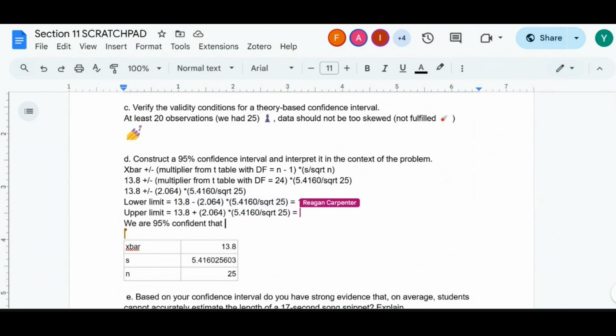That's the lower limit, and that one's the upper limit. Good. So can you interpret the CI? Then we'll answer E and then we're out of here. This is the layperson one, the easy one.